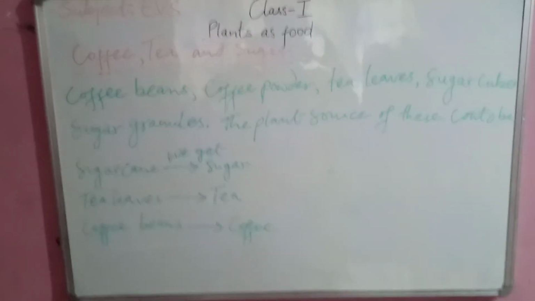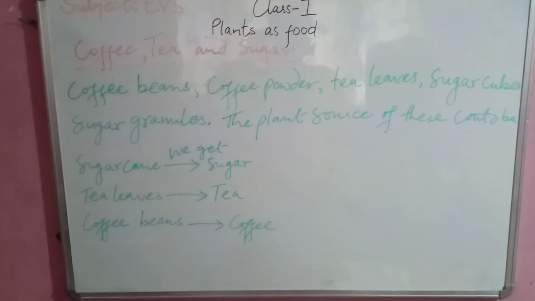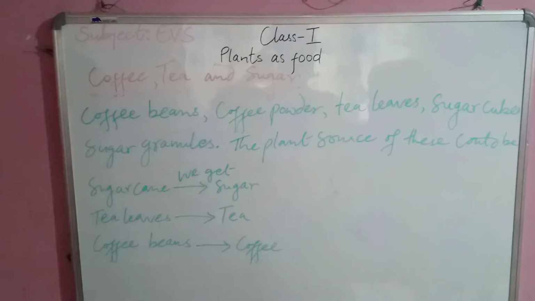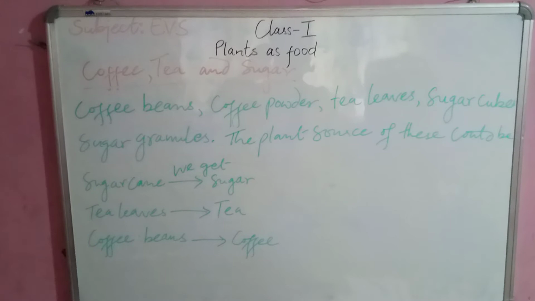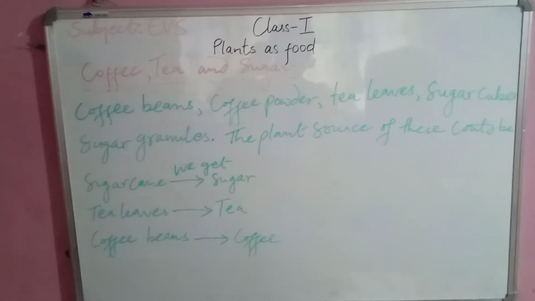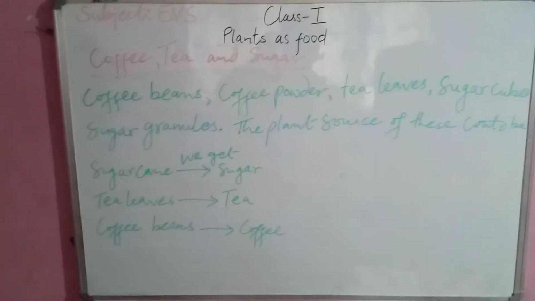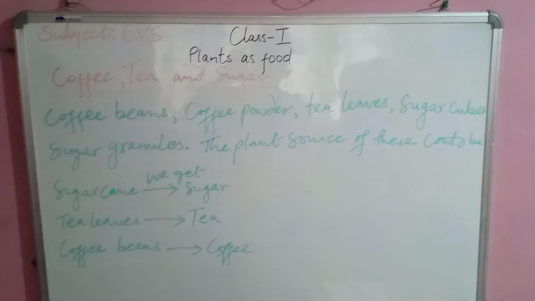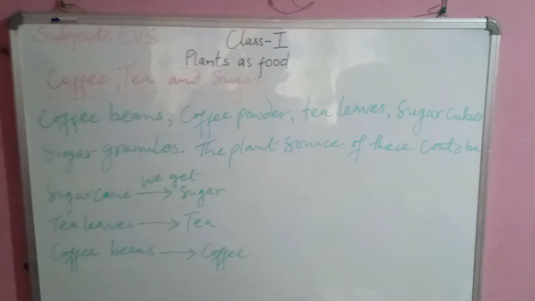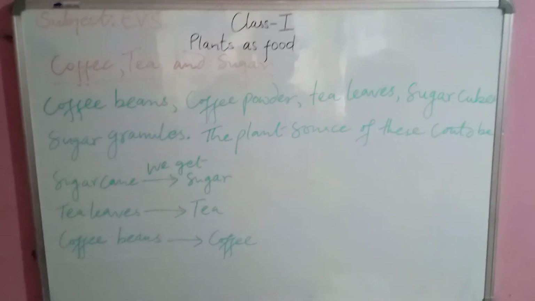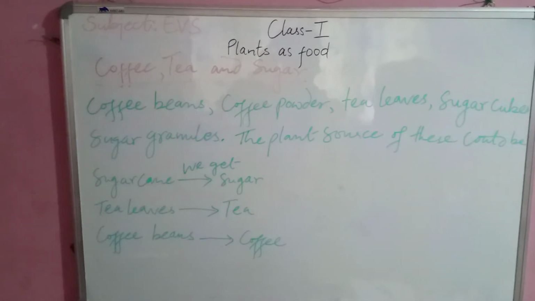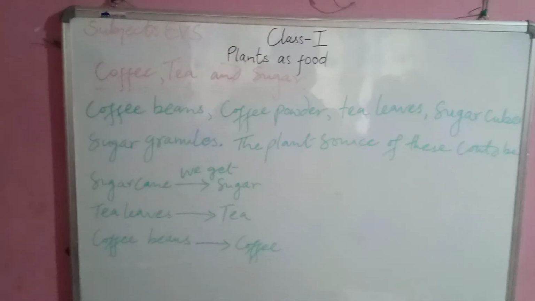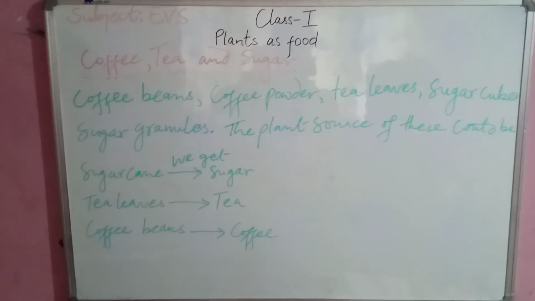So I have given 2 assignments for today. The first one is, you have to write the names of different fruits that we eat, apart from those which are given in the textbook. And then the second assignment is, you have to write the source of these products.